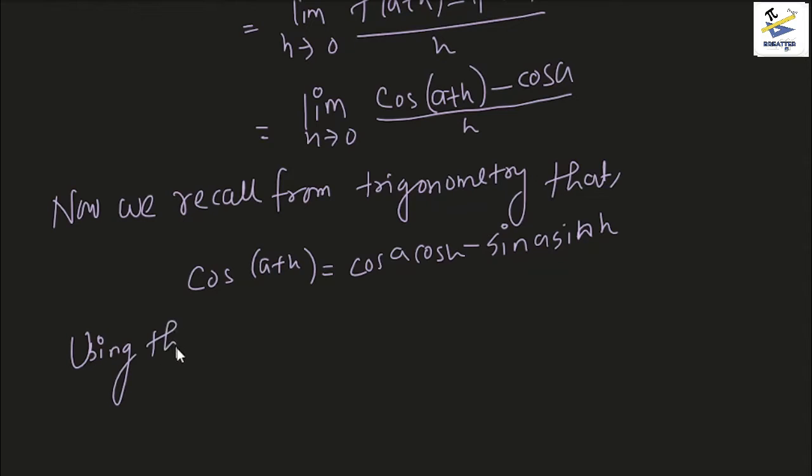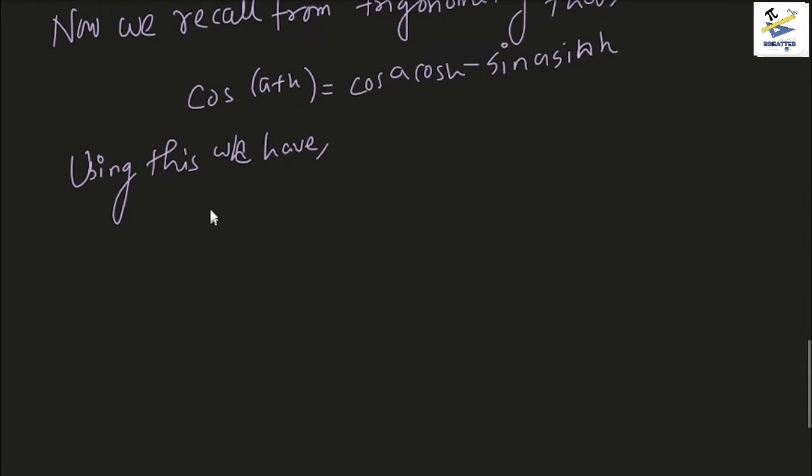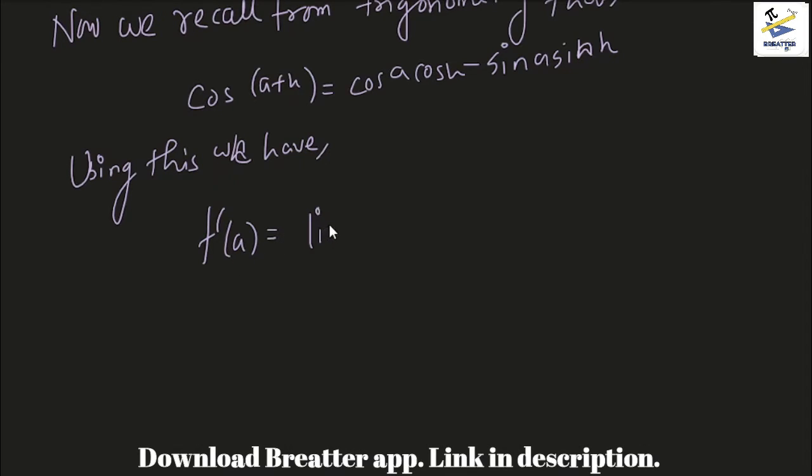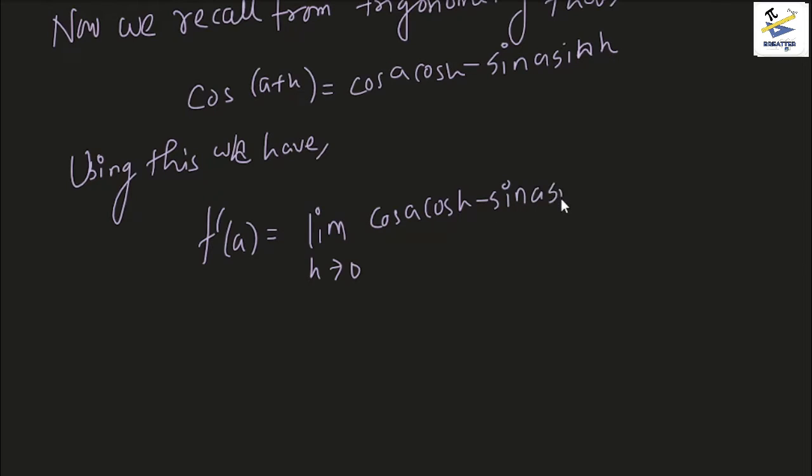Using this, we have f dash a equals to limit h tends to 0 of cos of a cos of h minus sin of a sin of h minus cos of a divided by h.